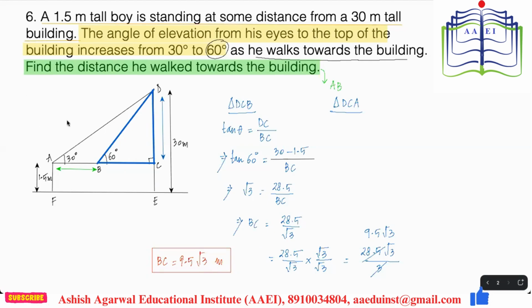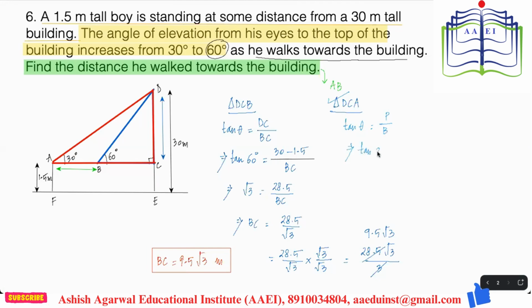Now, going ahead with the second triangle, this triangle DCA. Now if I highlight this triangle DCA for you, DCA triangle is this triangle highlighting in red. This is DCA. So if we look at this triangle here, the triangle is having the angle of 30 degree. First we will write the formula of tan theta, which is perpendicular by base.